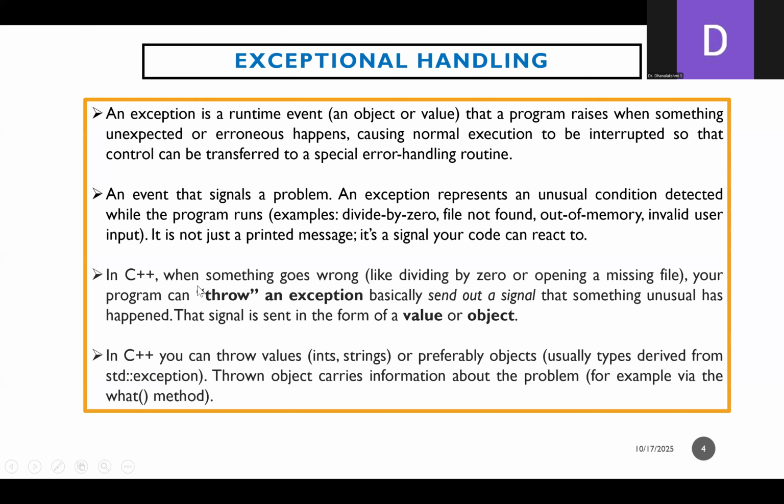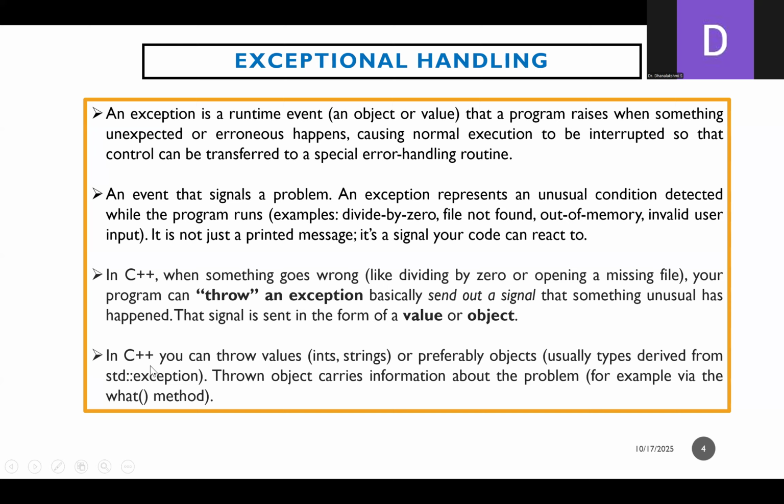In C++, when something goes wrong, for example dividing by 0 or opening a missing file, your program can throw an exception, basically sending out a signal that something unusual has happened. That signal is sent in the form of a value or an object. That's why initially I said an exception is a runtime event, an object or a value.